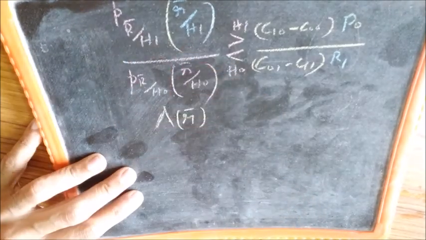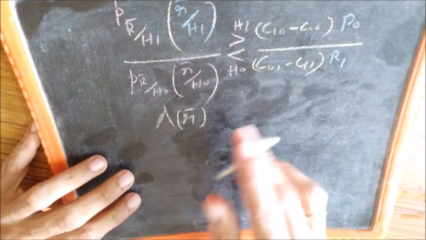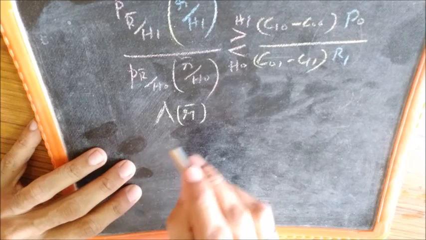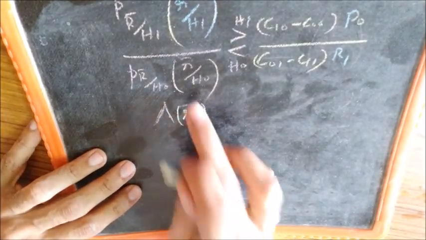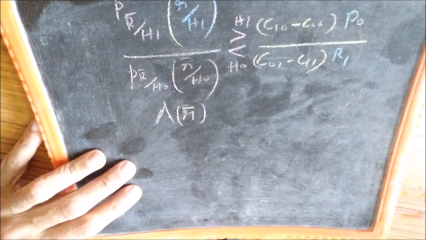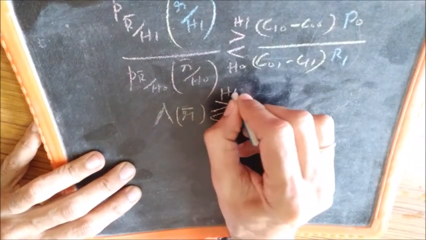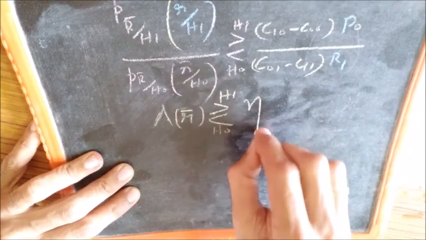And since generally what we receive is a vector, I will express it like this. In the discussions that ensue, if it is just a single random variable that we receive, I will just write it like this. So in general we express it like this, and the decision rule now becomes eta.